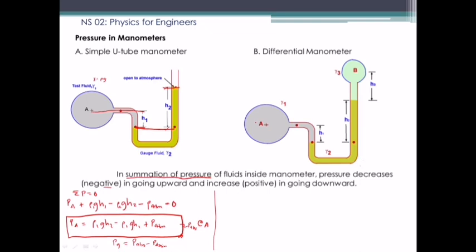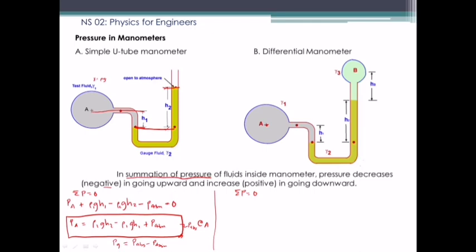For this differential manometer, using summation of pressure, still the summation of pressure is equal to 0. Start at a certain point, PA. It depends on your illustration, class; maybe this is point B and here is your point A. Your equation is based on your illustration, which is what you base your equation on, so your illustration and your equation should not be separated.